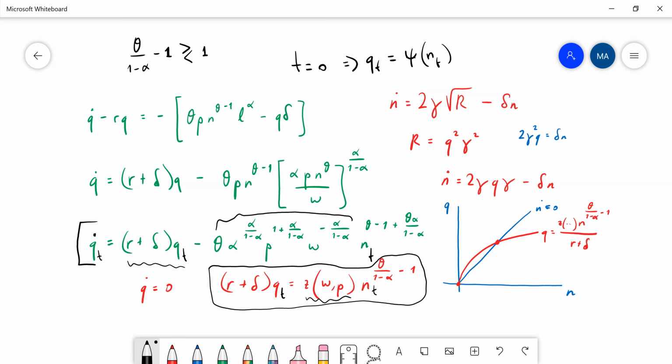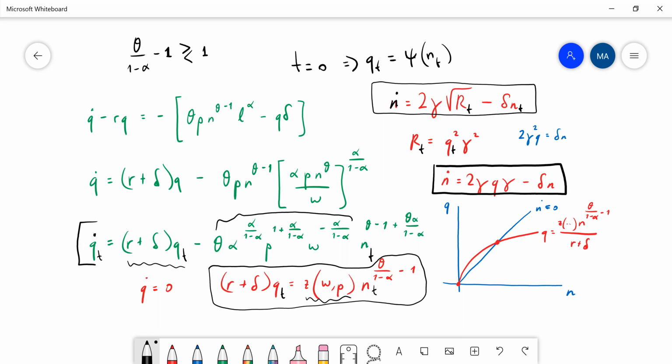Now that's on one hand. On the other side, for the state variable, we have this equation. Now what do I know? I know exactly that r(t) is equal to this at the optimal point. So if you put this into that, you will find this differential equation.